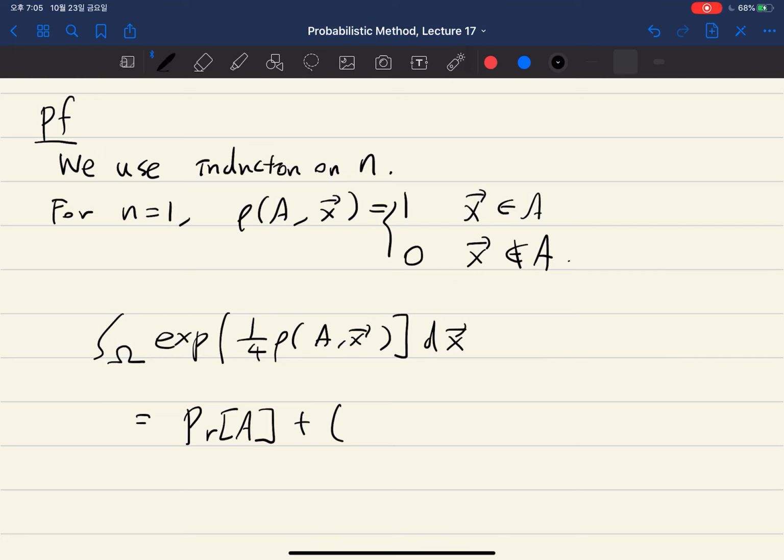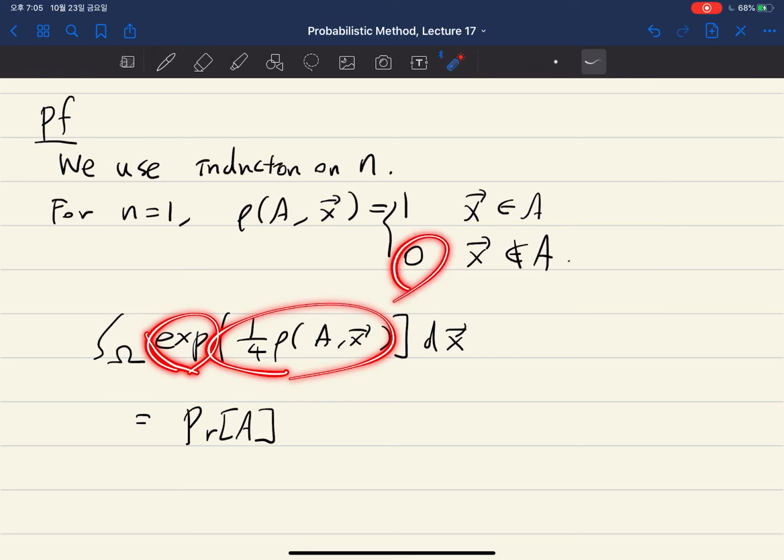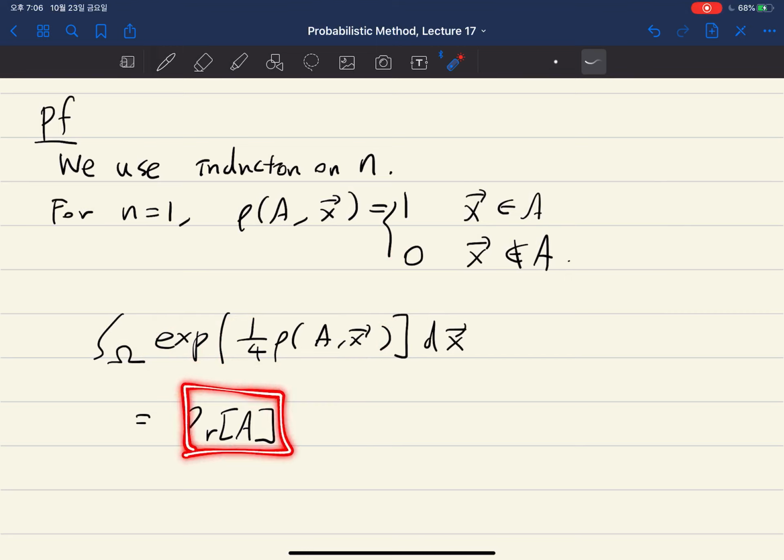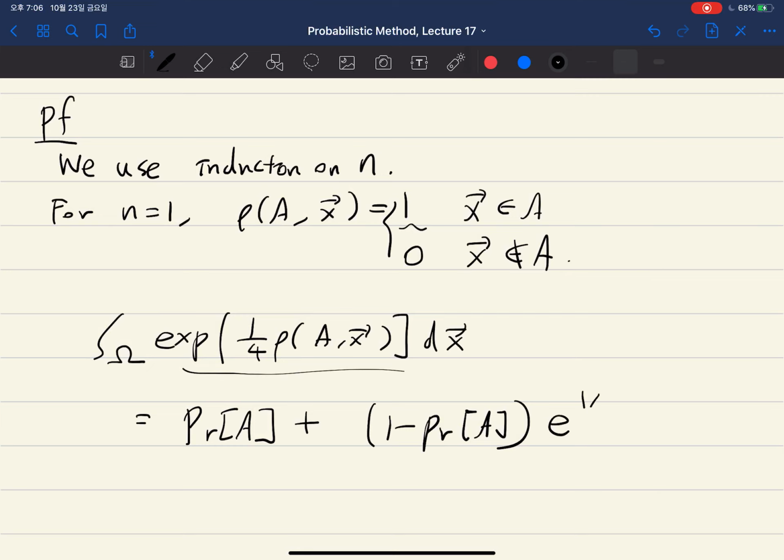And with probability, so if this is 0, then exponential of this is 1. That happens with the probability of A. And with the remaining probability, this is 1, so if you put it, then it's e to the 1/4.